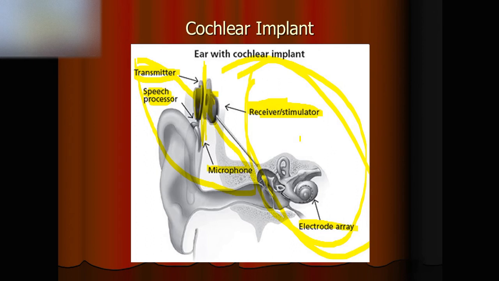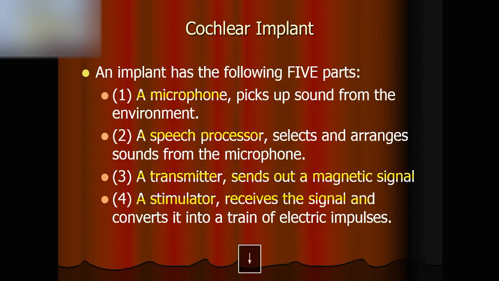Parameters like those are sent out from the transmitter to the stimulator. So based on the recipient's own hearing characteristics, the stimulator, the transmitter, and the speech processor can be fine-tuned.